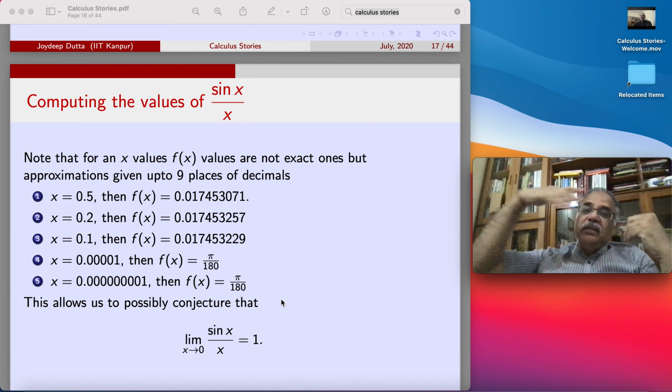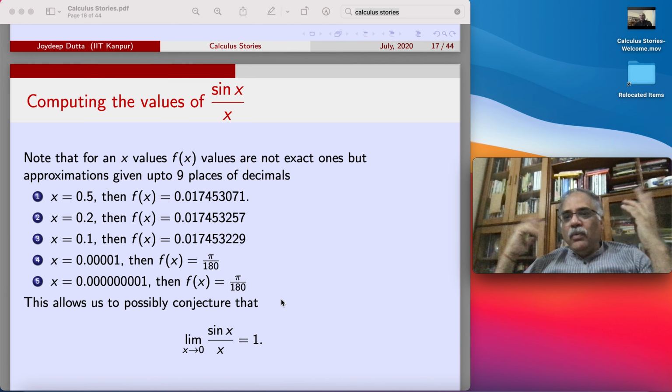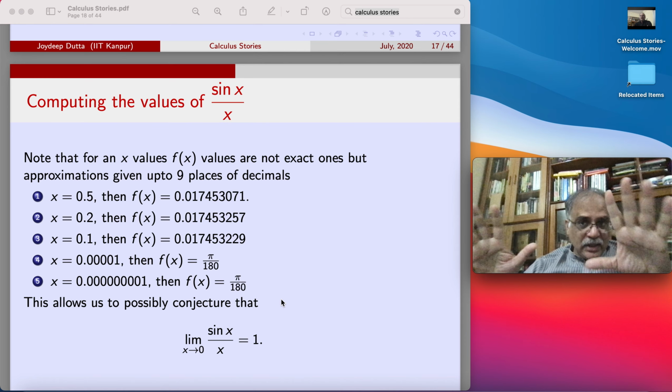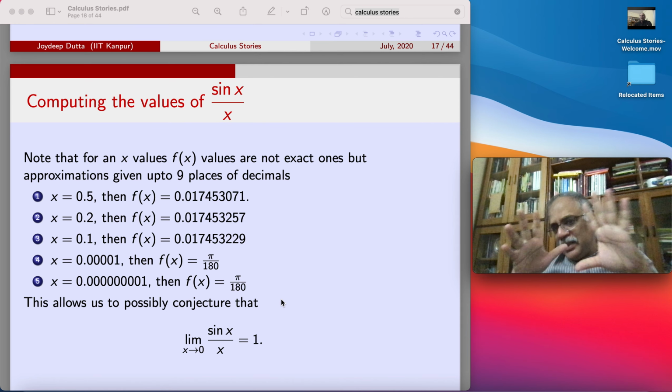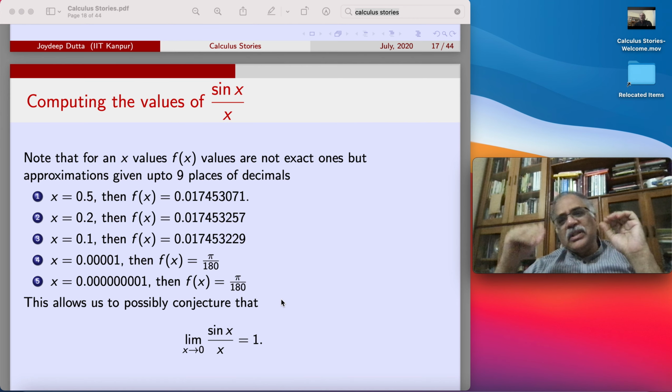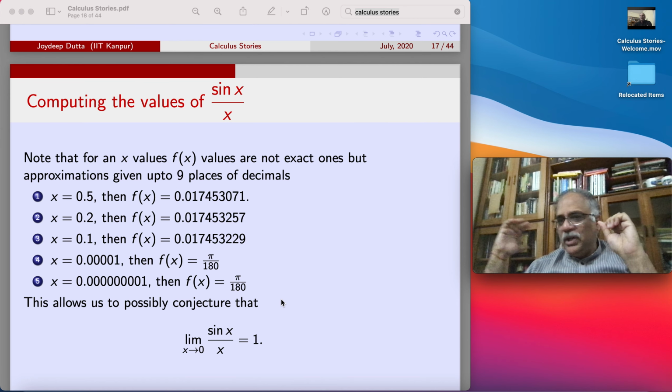Well, you can say pi is in radians, degrees is a different thing, how do you say that? But I have a feeling, though I cannot say exactly, that pi by 180 is that kind of thing, because after that everything becomes pi by 180.